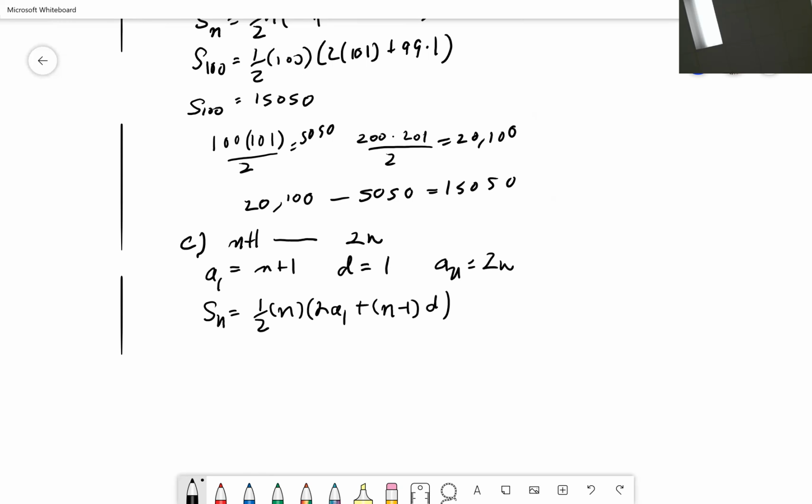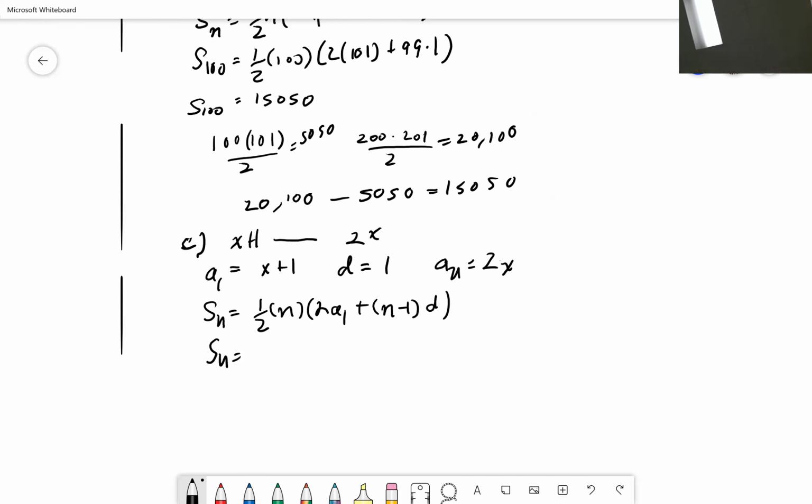Because that n there is going to mix up with the other n for the amount of terms in the sequence. So I'm going to change this to x, and this will be 2x. All right, it's the same meaning. I'm doing that because I don't want it to mess with my, maybe it's supposed to be that. I don't know.